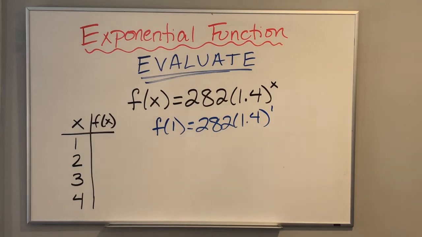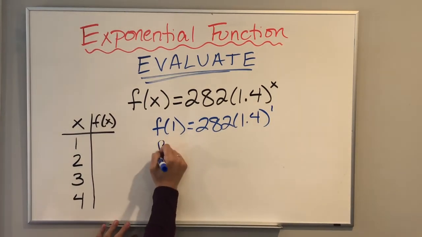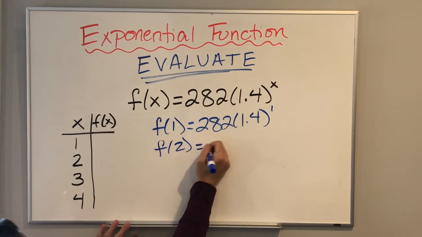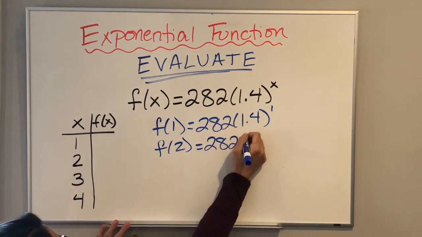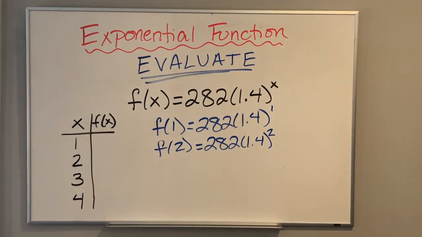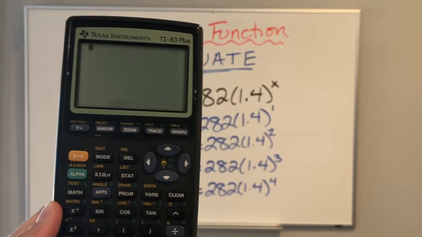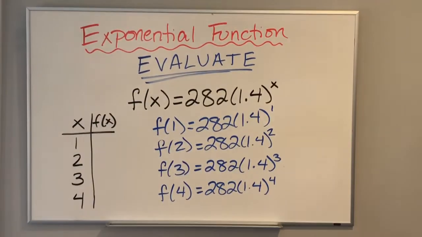If I wanted to find out how many were there after 2 days, I would put f of 2 equals 282 times 1.4 to the second power. I would then do the same exact thing with days 3 and days 4. Notice all I am doing is changing the exponent, which is our independent variable. I then use my trusty calculator to figure all of that out.